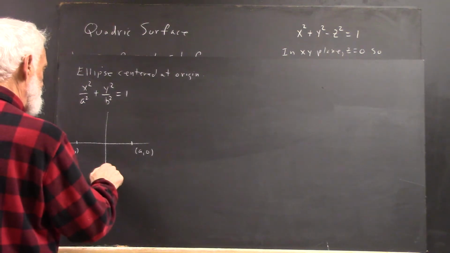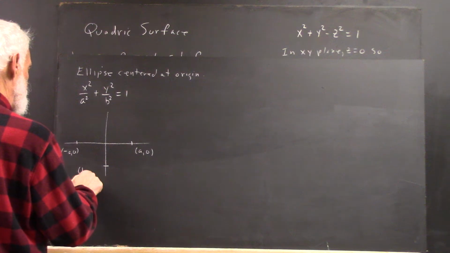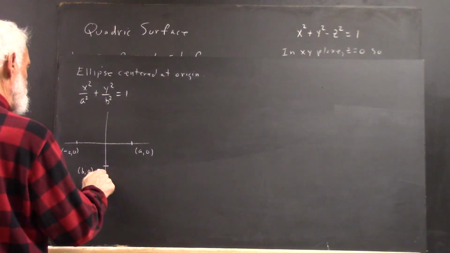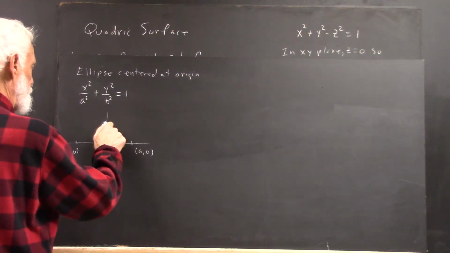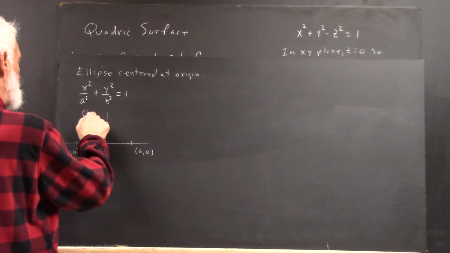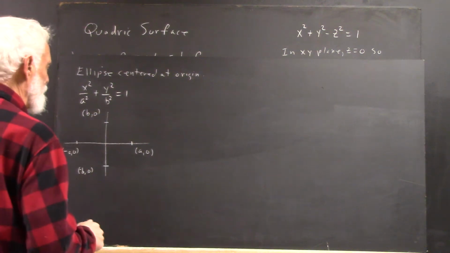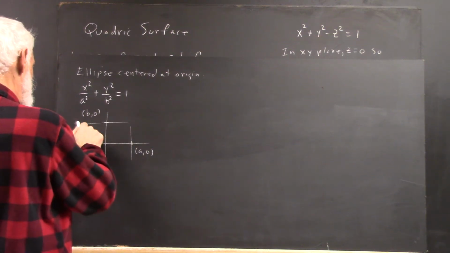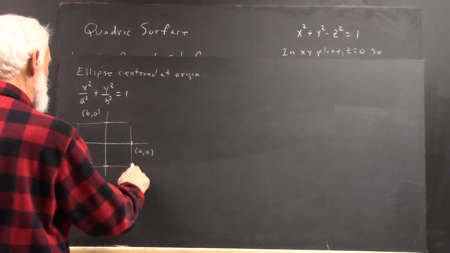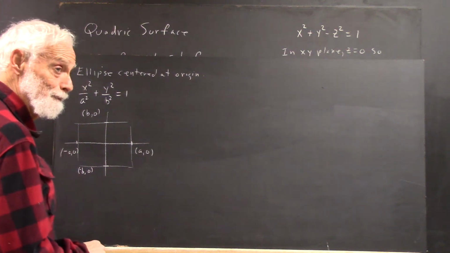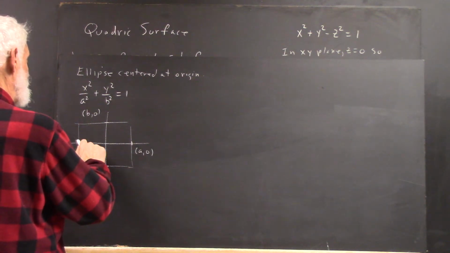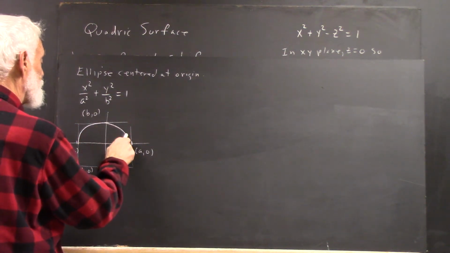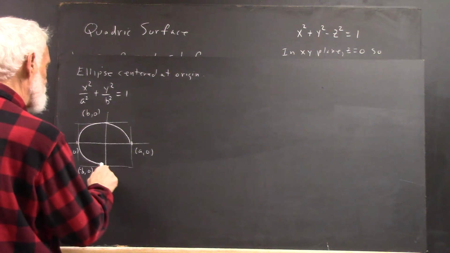Then here's the point (0, negative b) and the point (0, b). If you want to sketch the ellipse, I just sketch this rectangle and then trace. Sketch the ellipse.